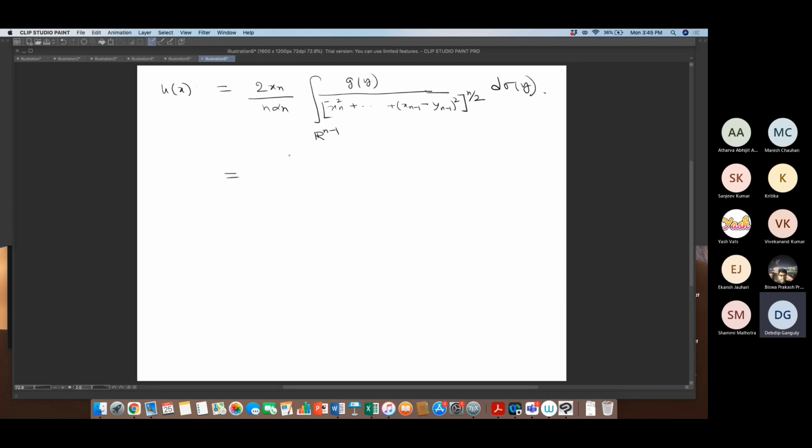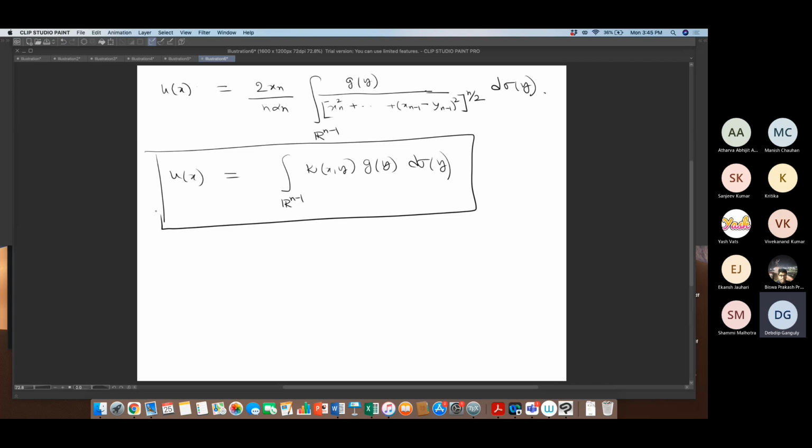Sometimes it is written as the integral over del Rn of K(x,y) g(y) d sigma y, and this K is known as the Poisson kernel. Is that clear?